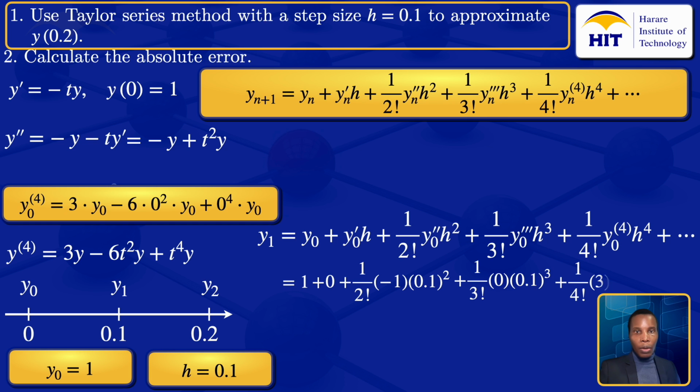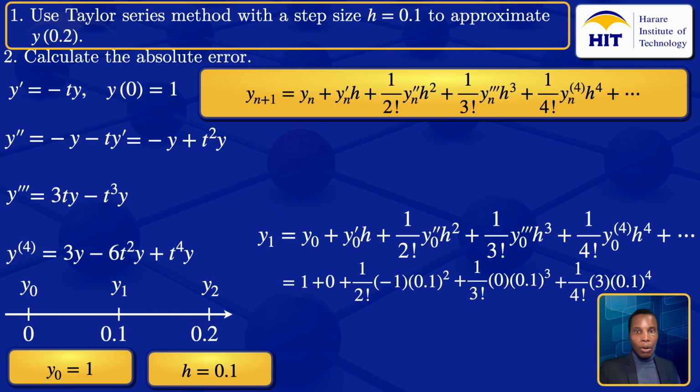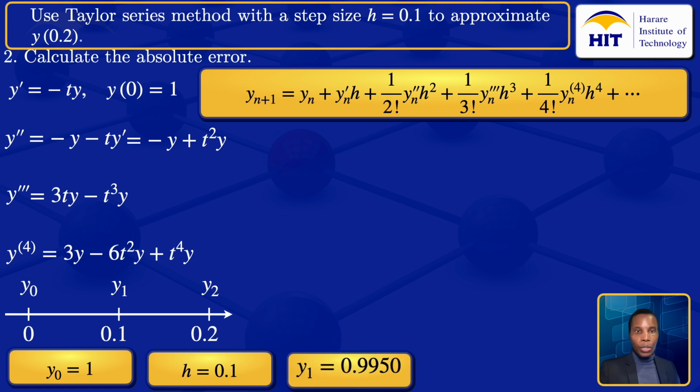So we have 1 divided by 4 factorial times 3, then times 0.1 to the power 4. So that's how we obtain our y1. When we simplify those values, we get y1 equals 0.9950 after rounding. So that's our value for y1, and we will use it to obtain y2.